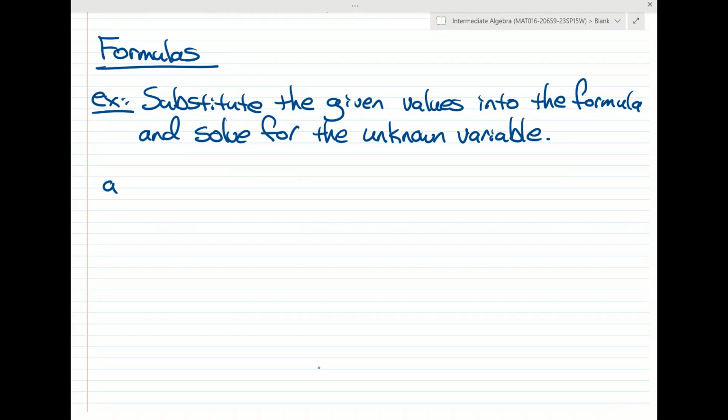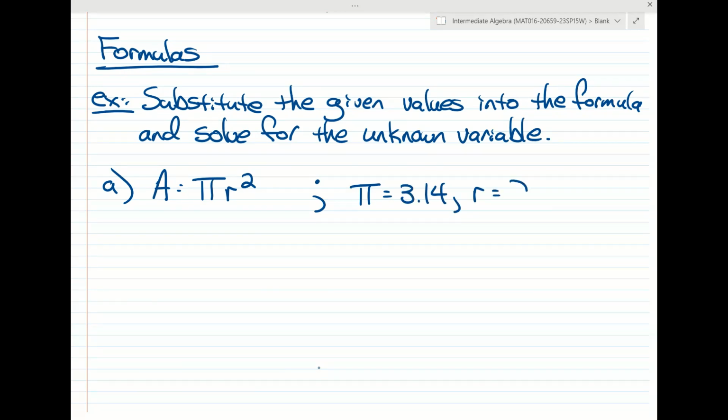We'll start off with the area of a circle. Area is equal to pi r squared. All we're doing for this section is just, if I tell you pi is 3.14 and the radius is 2, all we have to do is just plug those values in for these variables.